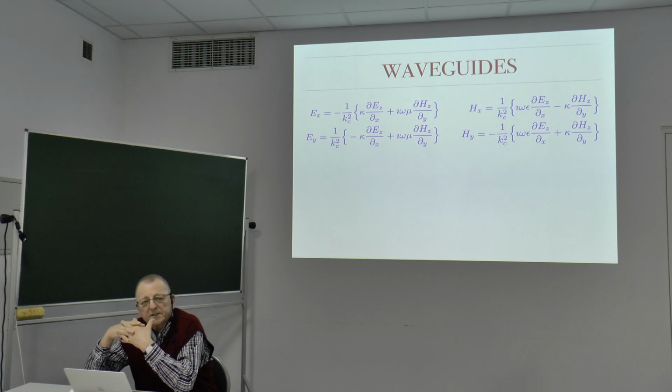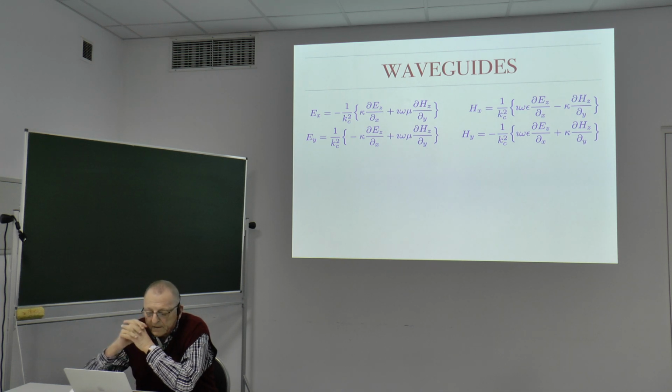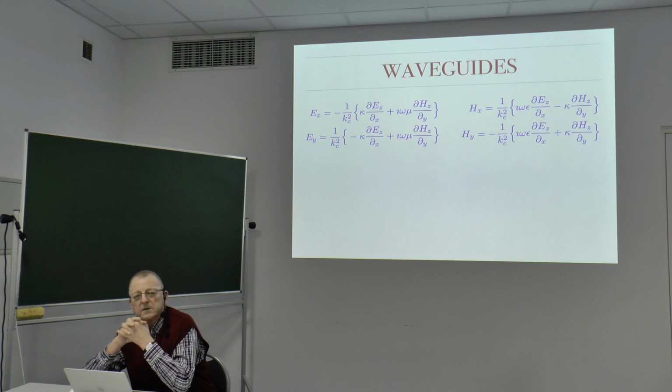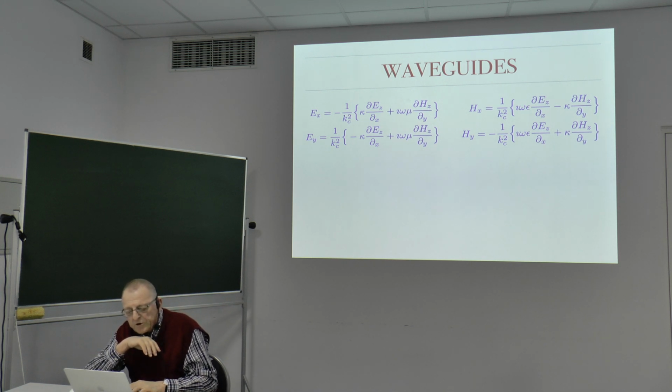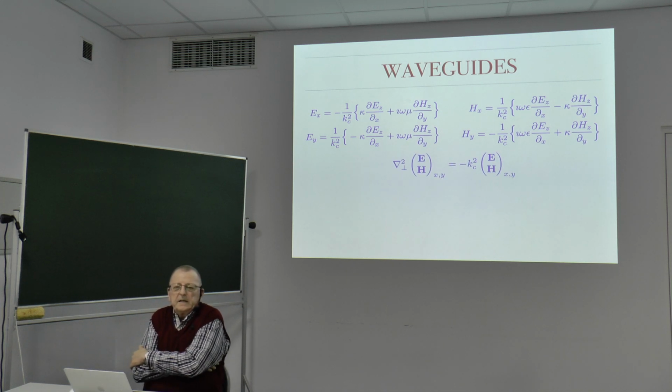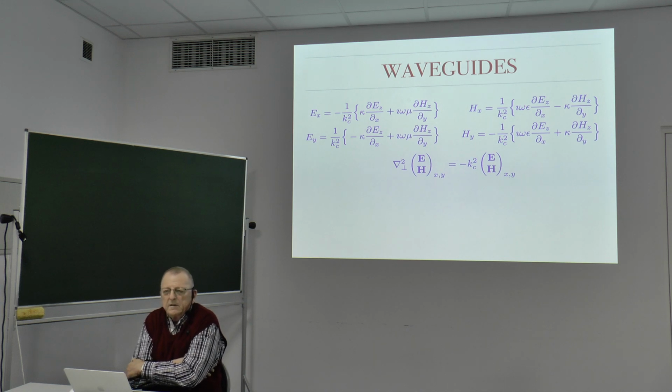I express the transverse component of electric and magnetic field in terms of the z component of electric and magnetic field. And in addition, I have my equations for the transverse Laplacian of electric and magnetic field.